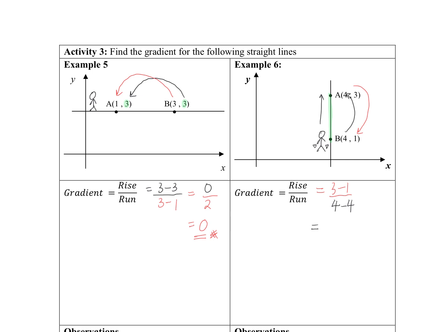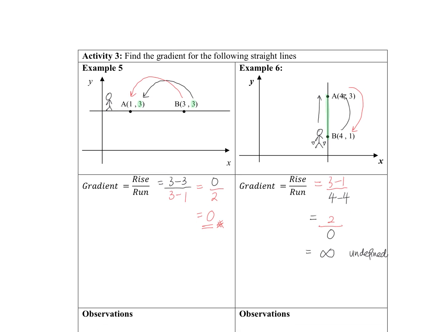So what happens to this? Can any fraction be divided by 0? No, your calculator will give you math error. So it means undefined. You can't actually calculate the amount of effort that you need to fly up vertically.